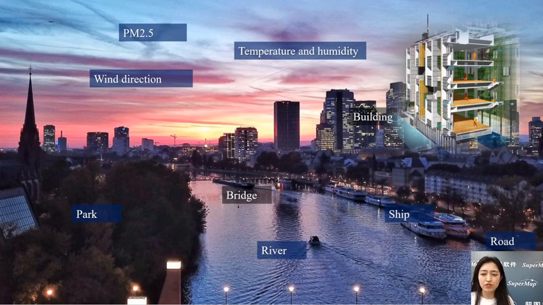During the construction process, there will be many uncertain environmental factors that will affect the construction progress, such as weather, traffic, and the density of people, and these factors will also affect the operation and maintenance of the entire project.